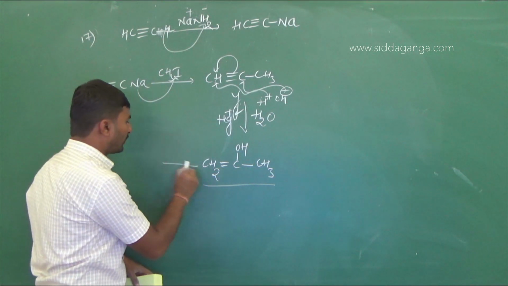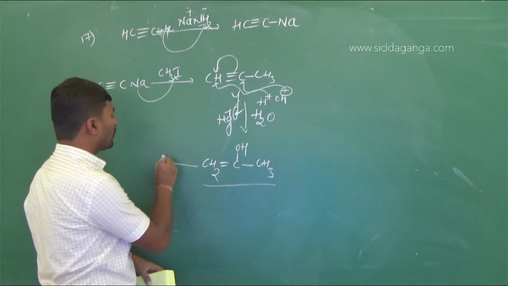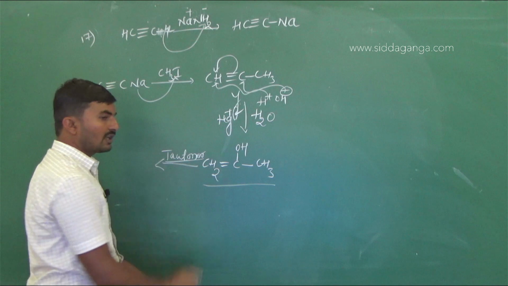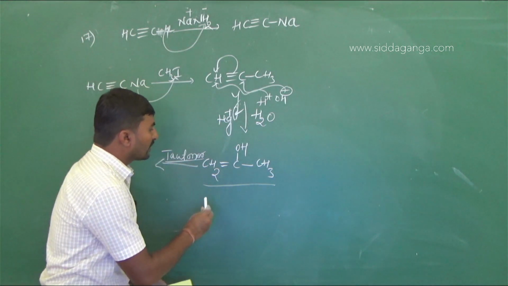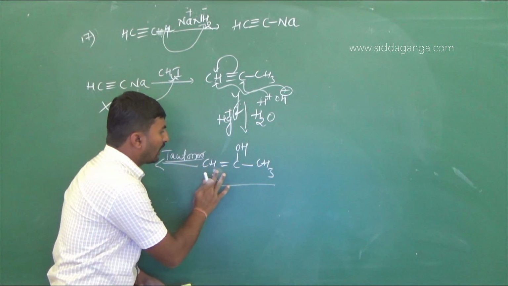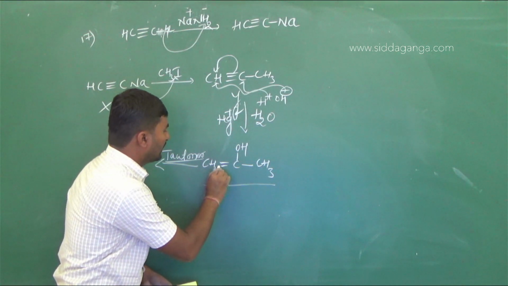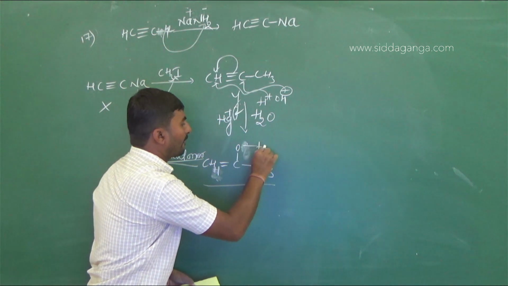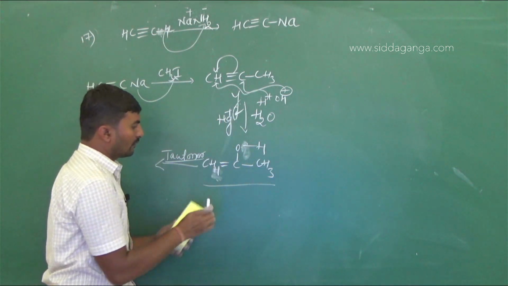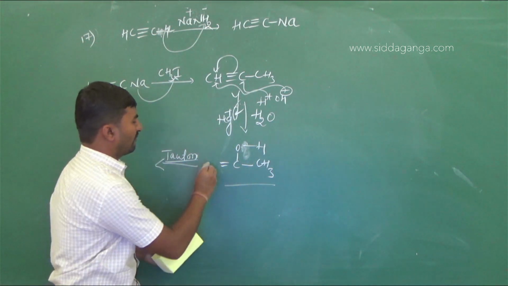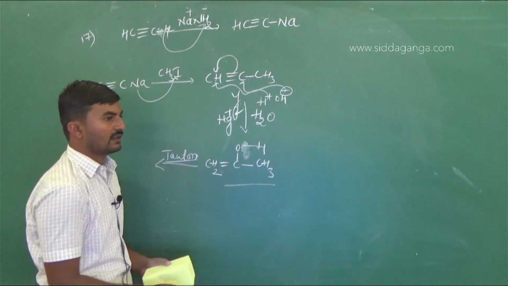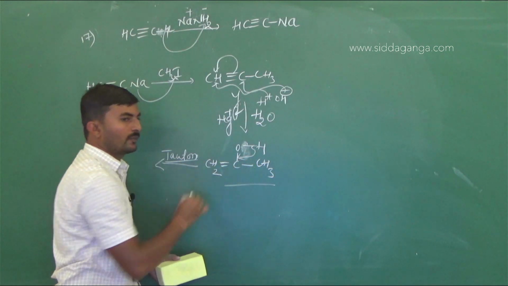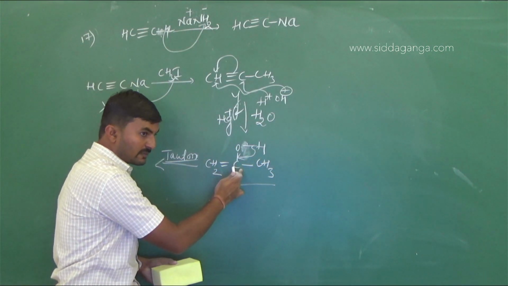So this particular product can again undergo isomerization, that is called tautomerization. In tautomerization, the shifting of hydride takes place. This hydride or this bond can be shifted to here. So now the carbon becomes pentavalent.